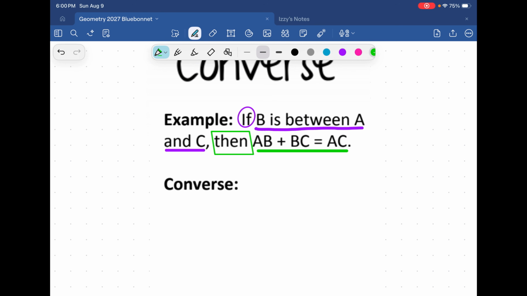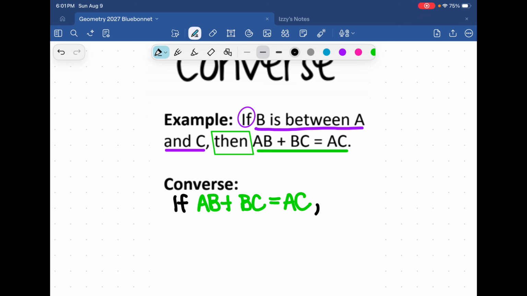Now we're going to go ahead and leave the structure of the sentence. So the circled word is going to stay the circled word, and the boxed word is going to stay the boxed word. So we're going to start with if, but we're going to switch to the conclusion. So if AB plus BC equals AC, and because the format calls for a comma at this time, we're going to put the comma.